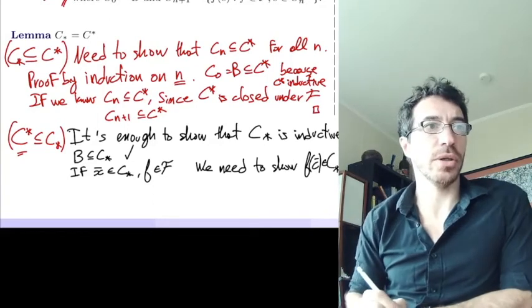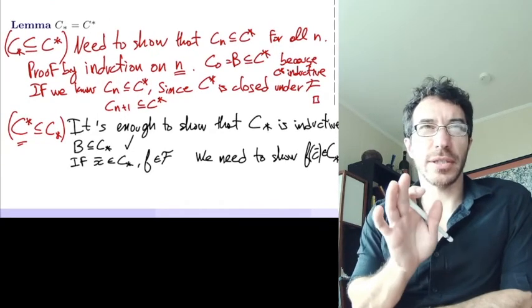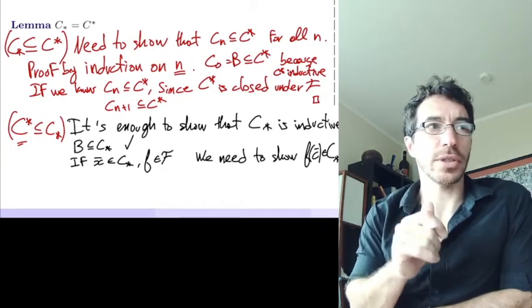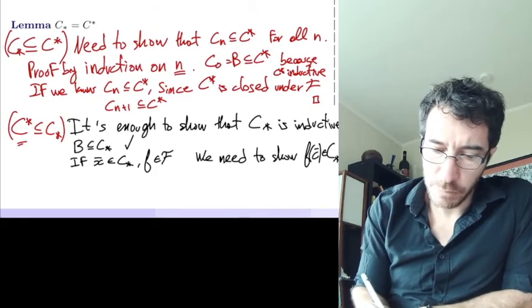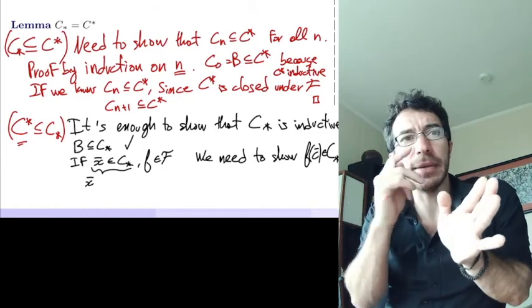That's what we need to show if we want to show that C bottom star is closed under the functions. Okay, so why is that? Well, x belongs to here, and it's a tuple, so it has only finitely many elements.